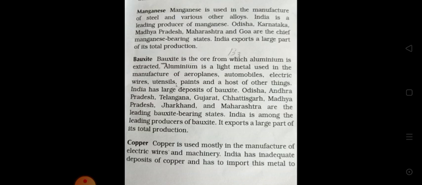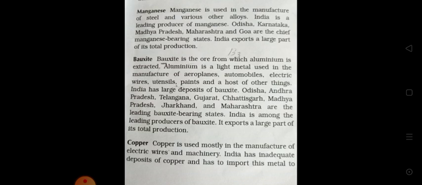We have large deposits of bauxite in Odisha, Andhra Pradesh, Telangana, Gujarat, Chhattisgarh, Madhya Pradesh, Jharkhand and Maharashtra. All these states produce large quantities of bauxite, and we export it also. India is among the leading producers of bauxite.